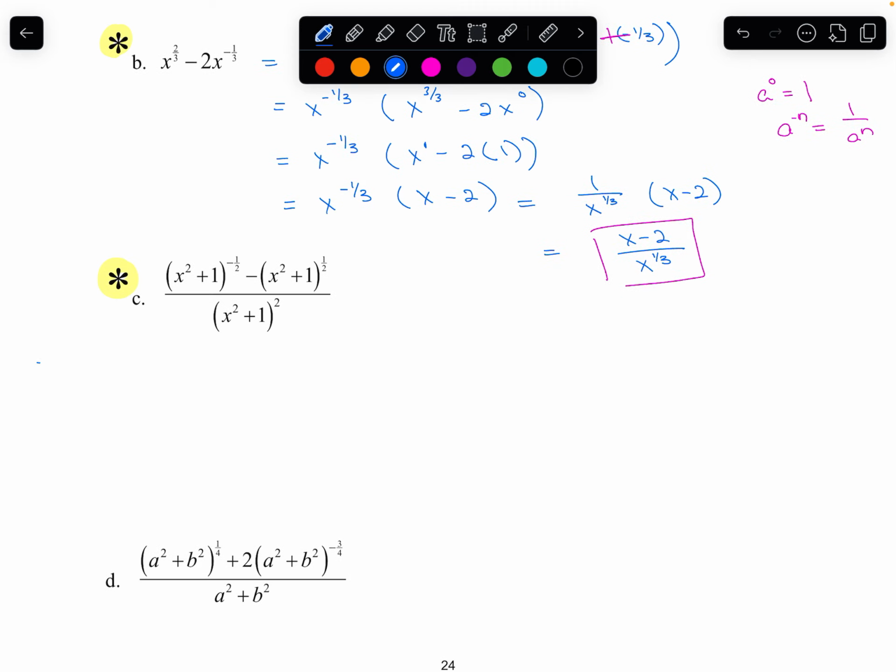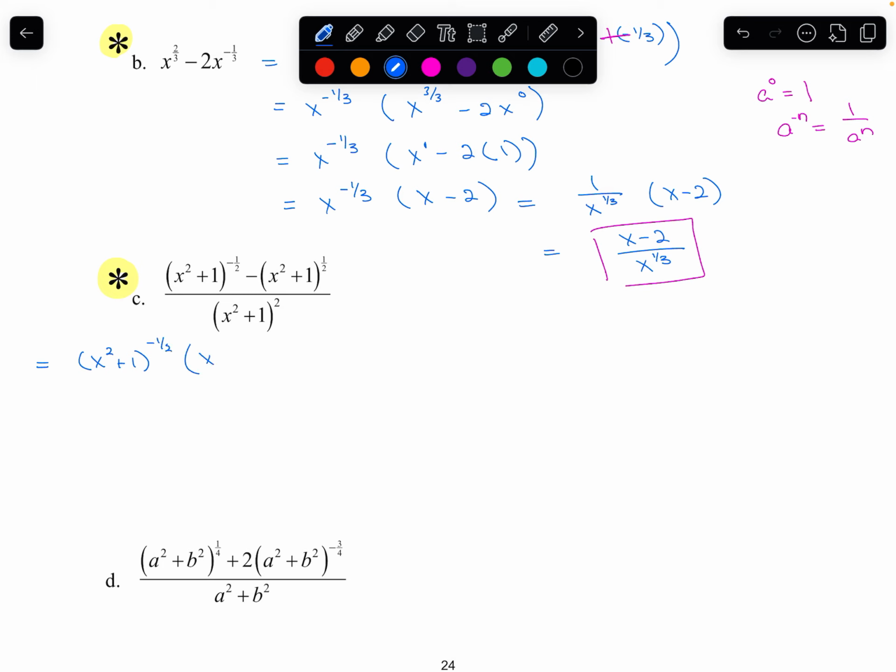I'm going to start this way over here so I can have plenty of room. We're going to do the same thing. I'm looking at the numerator first. What do they have in common? They have that base, raised to two different powers. We're going to factor out the smallest of the two, with the base x squared plus 1 and its smallest power.